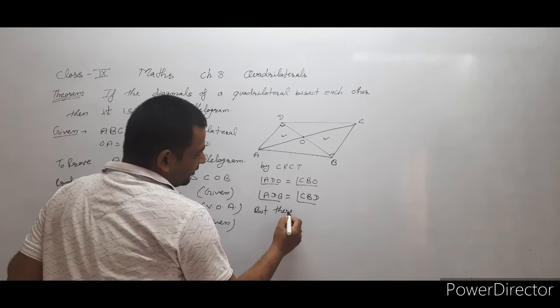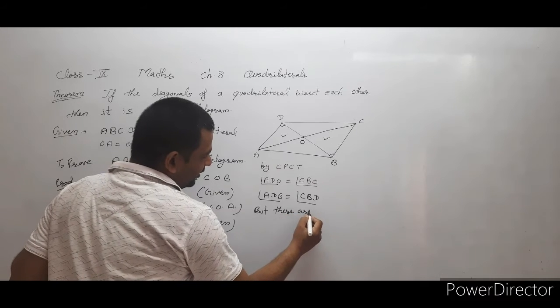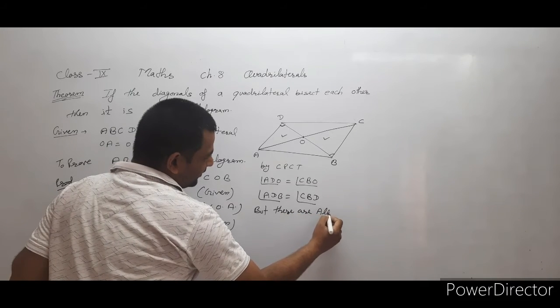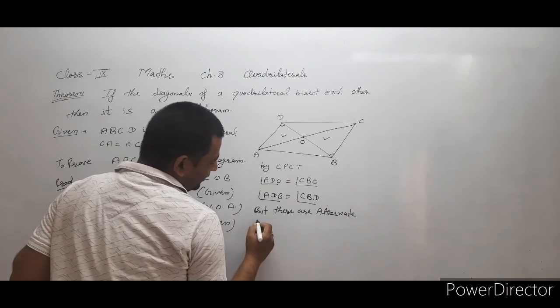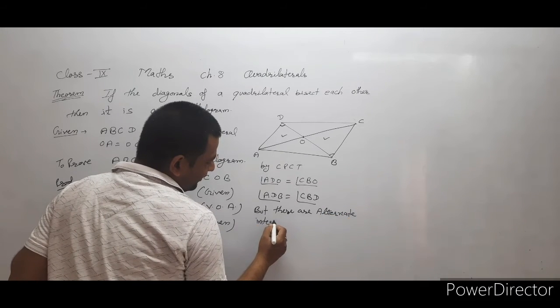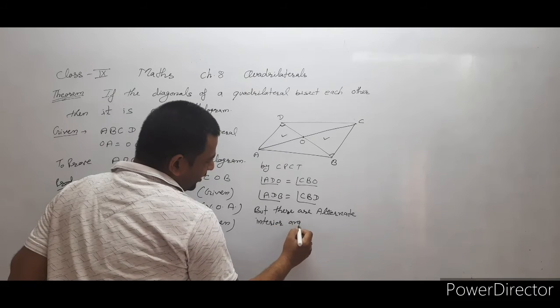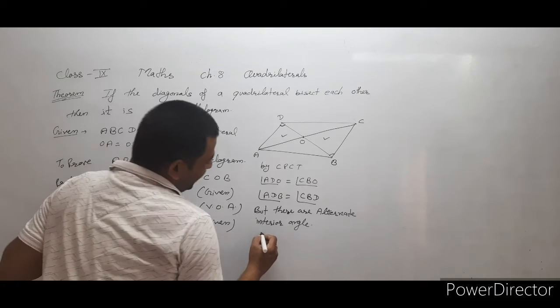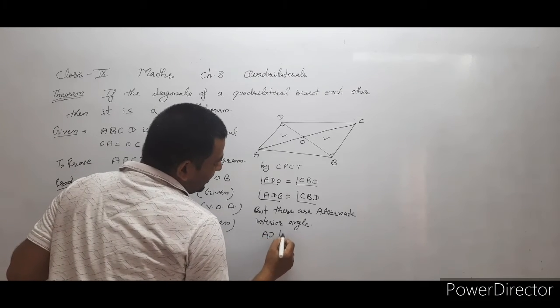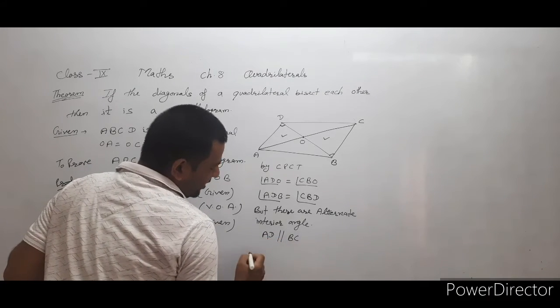But these are alternate interior angles. If these are alternate interior angles, it means AD is parallel to BC.